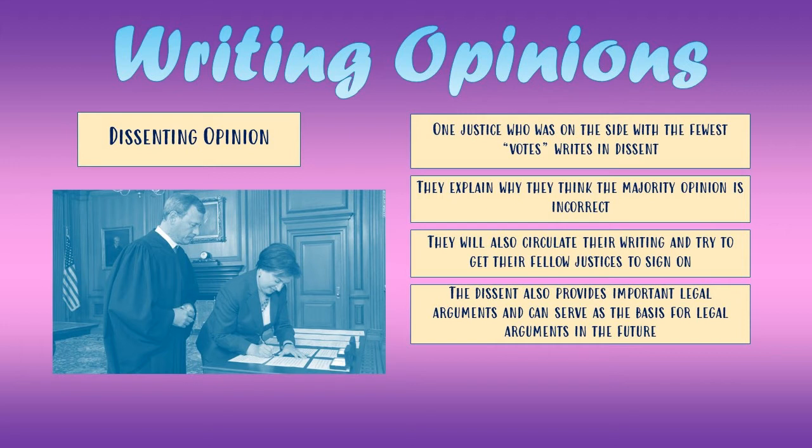Now, the dissent doesn't mean much for the one particular case, but the dissent gives important legal arguments for other cases in the future. So in other situations that come up, lawyers might point to arguments that were in a dissenting opinion from a judge as backup for why they argue that way.